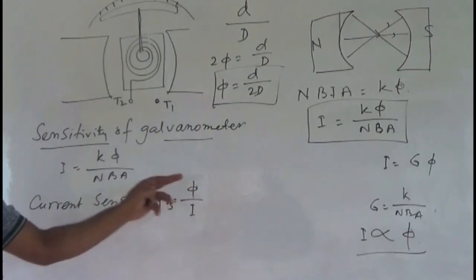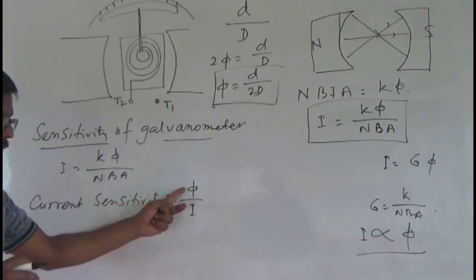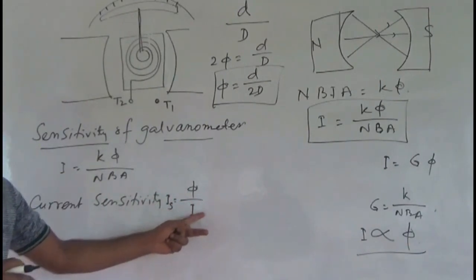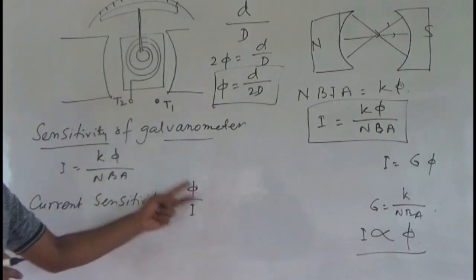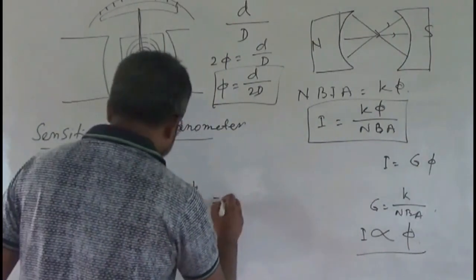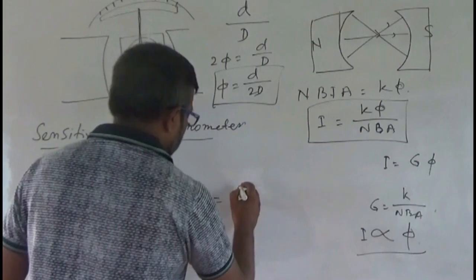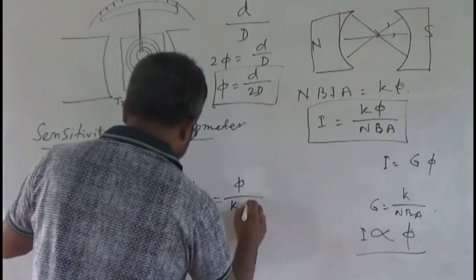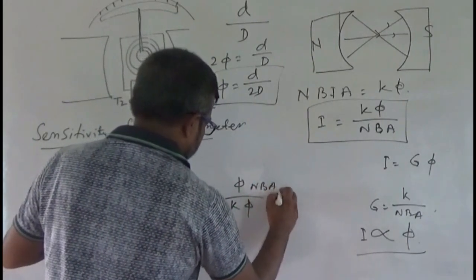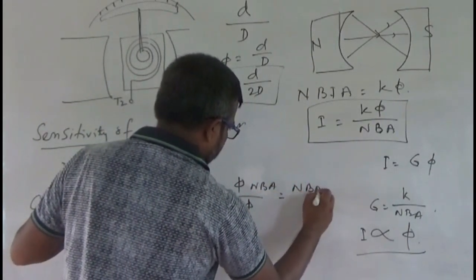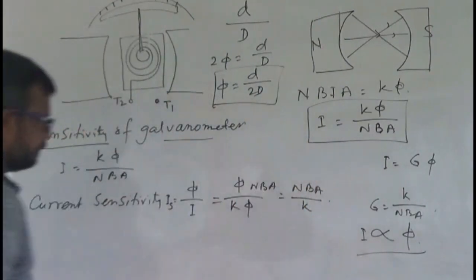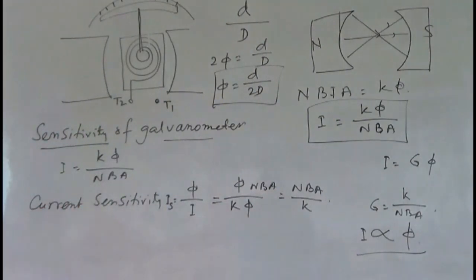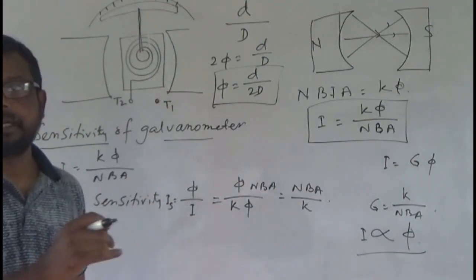IS is equal to phi by I, the deflection produced by the unit current through the coil of the galvanometer. And that can be written as phi divided by I, which is phi divided by K phi by NBA, and that is NBA by K. Right? Phi cancels out and NBA by K is called the current sensitivity of the moving coil galvanometer.